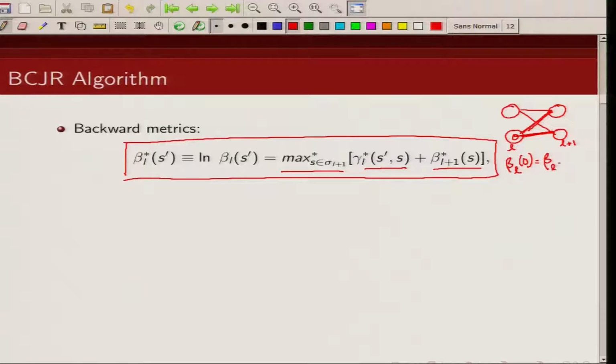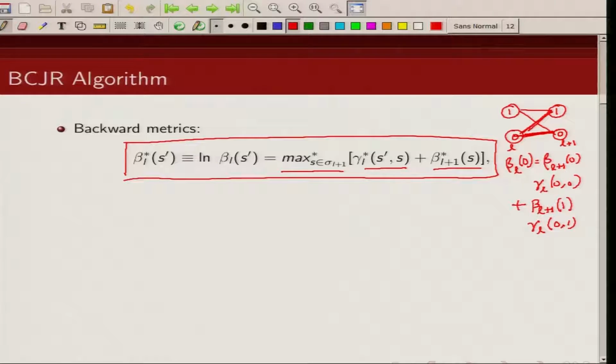So, beta L plus 1 0 times branch metric of this, which is gamma L 0 0, plus beta L plus 1, this is state 0, this is state 1, beta L 1 times gamma L 0 1.